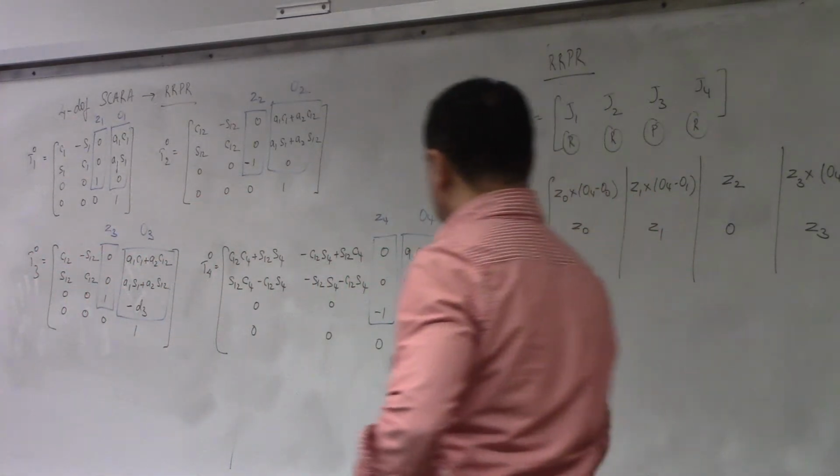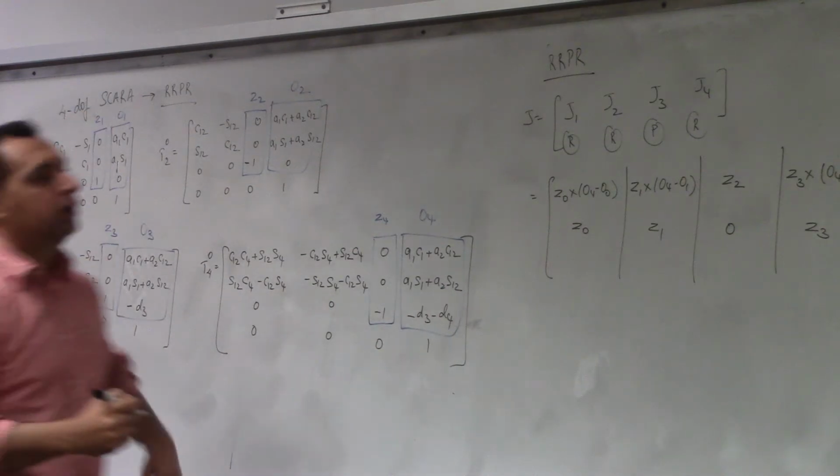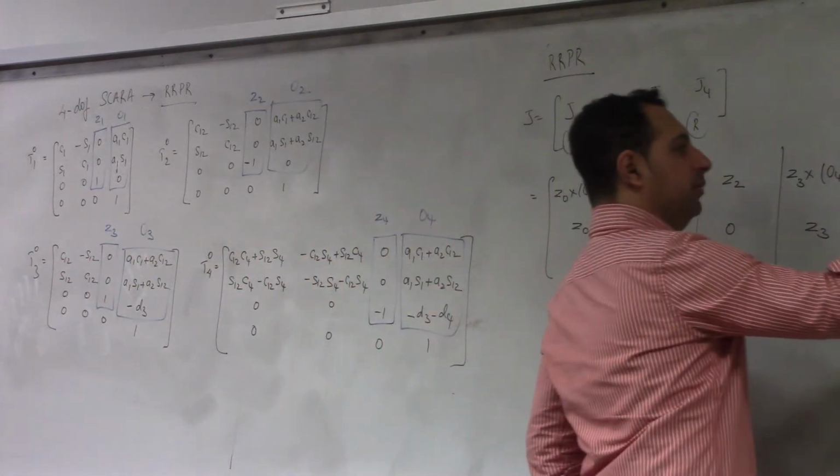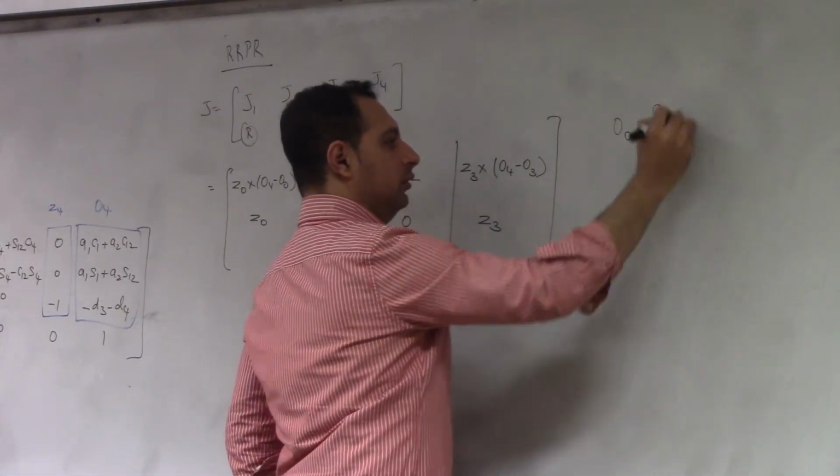The only thing that is left is what is O0 and Z0. O0 obviously is the origin of the base frame or the initial frame, which will be 0, 0, 0.